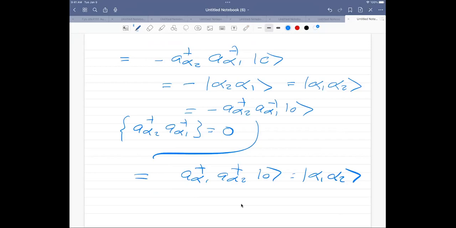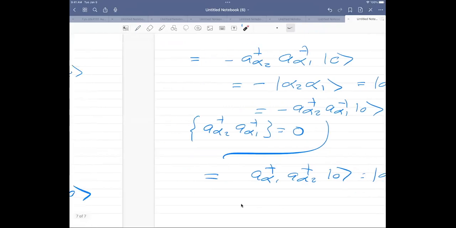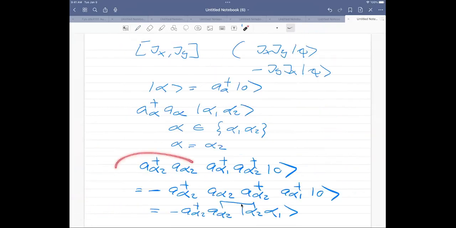So everything is just us introducing a compact notation, but when we have this compact notation, we have to develop the rules of the game. So we want this specific ordering because that's the one we will use to define all operations on. Now, when we have an operation of the type which you see here, with that operator which acts on this state, we now need to bring this operator, which has created a particle in the state alpha 1, alpha 2, together with the creation operator because these are acting on the vacuum state.